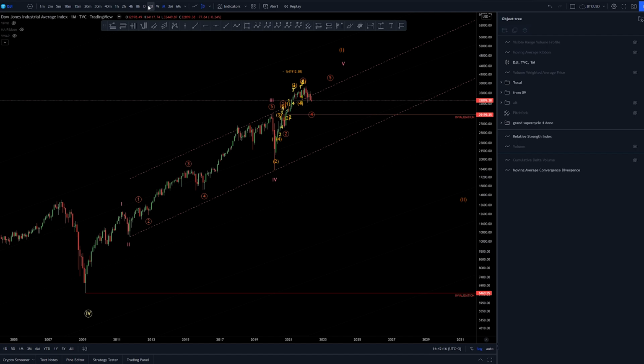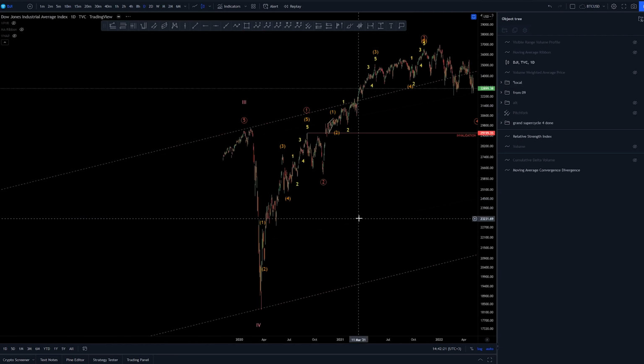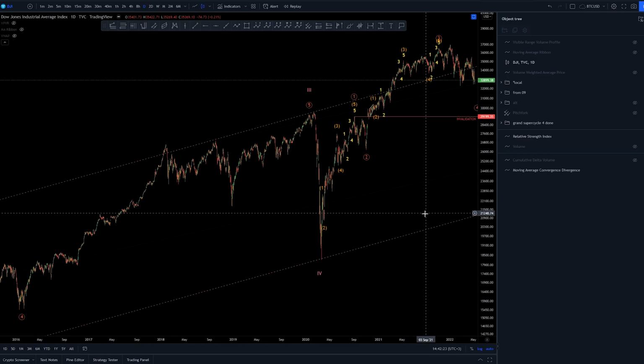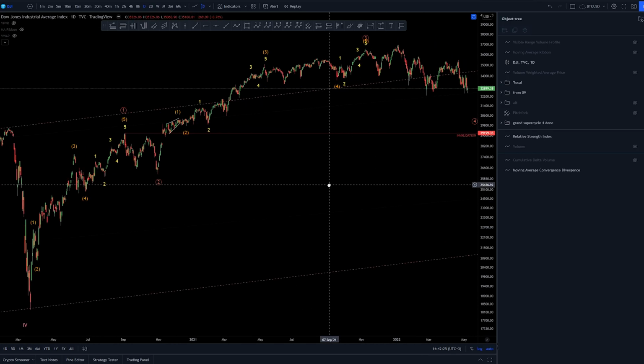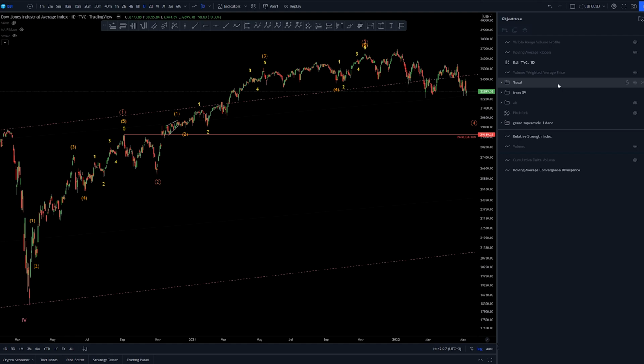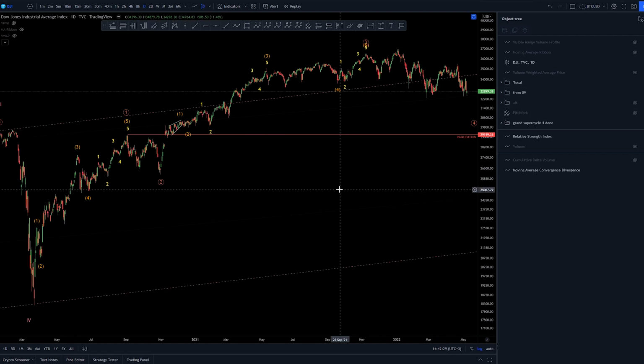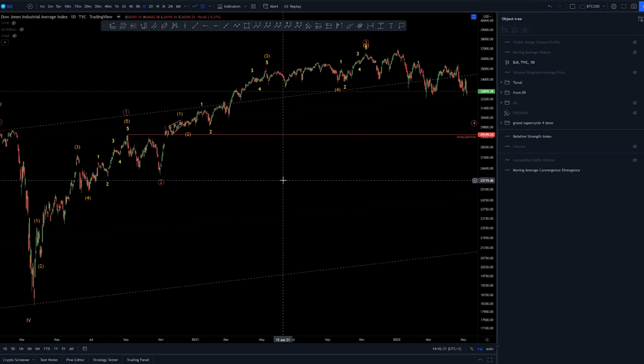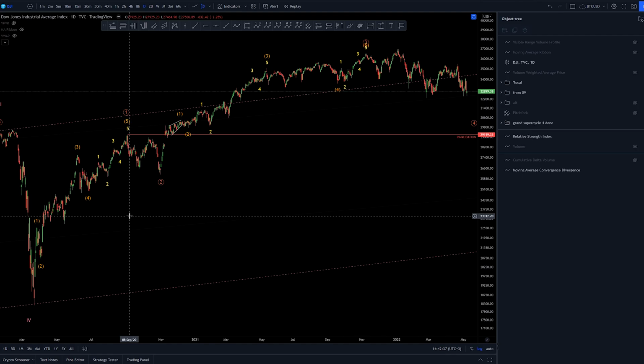Now in an even smaller time frame, let's go to daily and see what I have drawn up here, somewhat of a local count, compared to the rest of the history of 150 years or something like that, or 20 years.